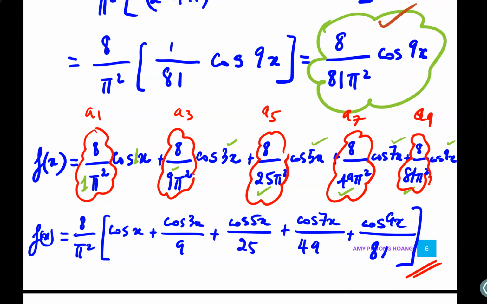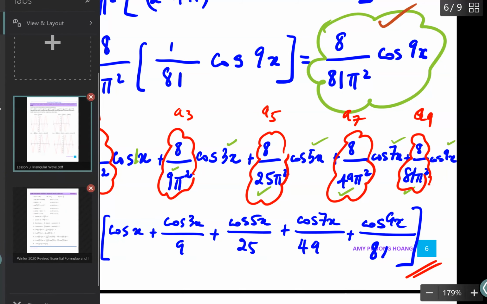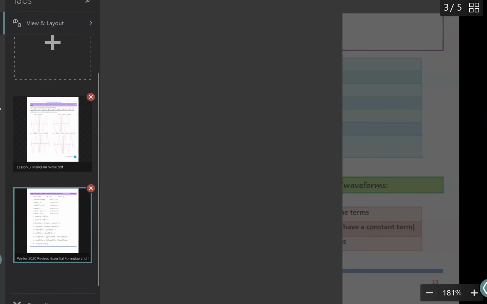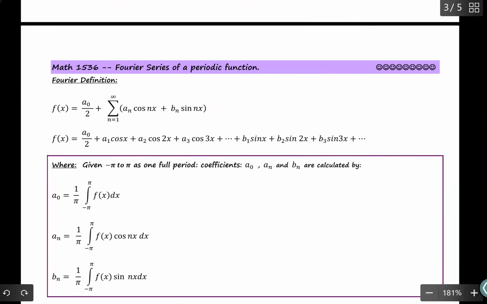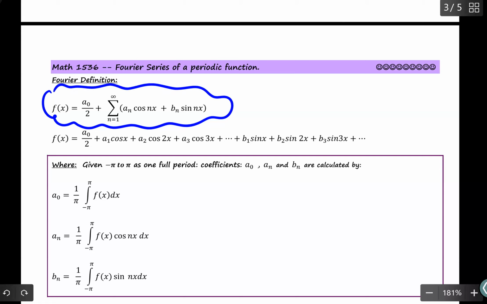So what do we have to conclude in this case? I would like everyone to take a look at our Fourier formulas. In this Fourier formula that's given to us, see right here that we have a summation of terms involving the A and terms involving the B. But in this question, it's given to us as even and half-wave.